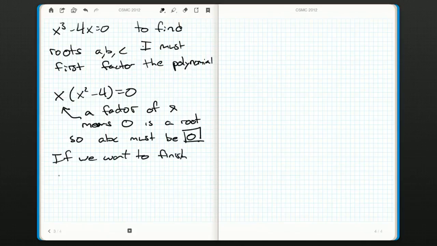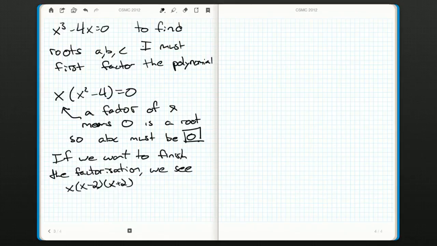So we just want to double check and finish off the factorization. We can do that. It's called difference of squares, or you could factor this using the quadratic formula. It doesn't really matter.